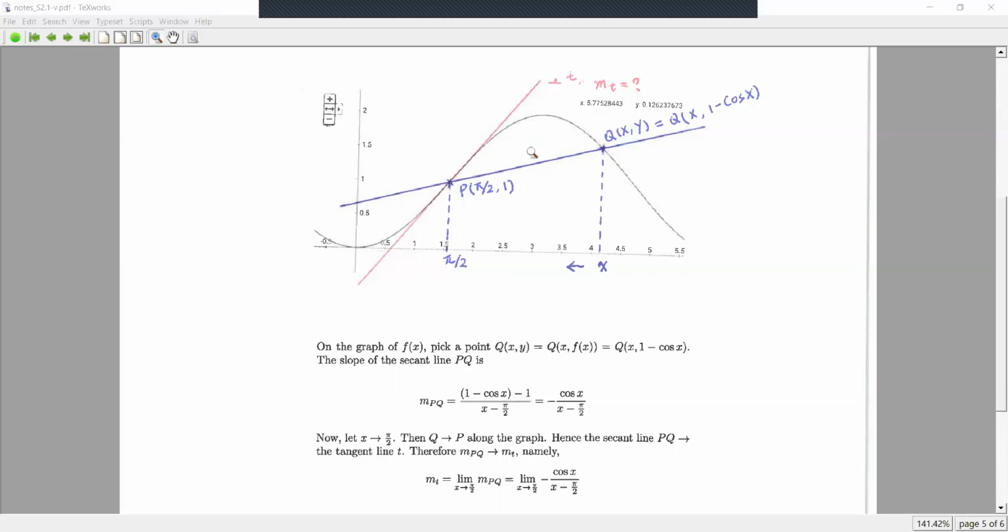So therefore, the slope of the blue line is approaching the slope of the tangent line. In other words, the slope of the tangent line is the limit of the slope of the line PQ, the blue line, as x approaches pi over 2. Here we have obtained the slope of line PQ. So we plug in this in M_PQ to get this limit. So to tell the slope of the tangent line, we just need to compute this limit.